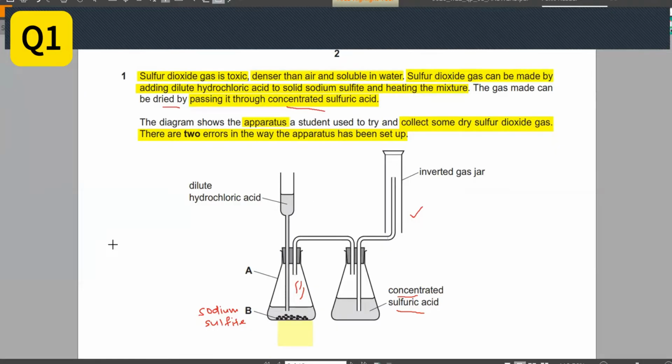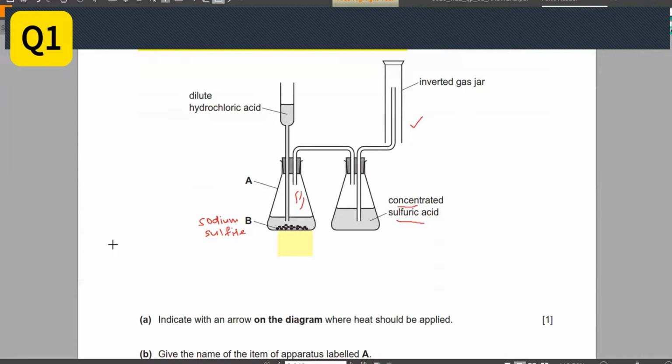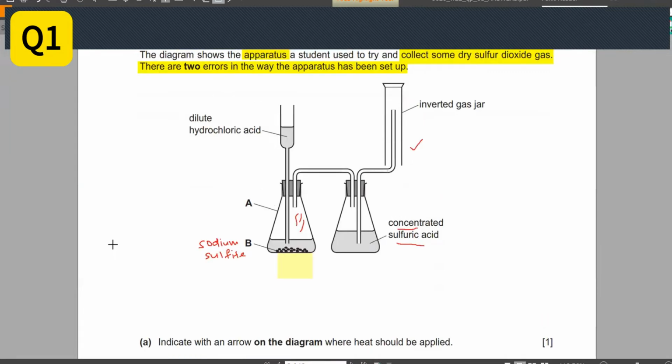Let's start with the first question. Indicate with an arrow on the diagram where the heat should be supplied. So we should heat up the experimental setup. Where should we do it? It should be right here, directly under the conical flask.